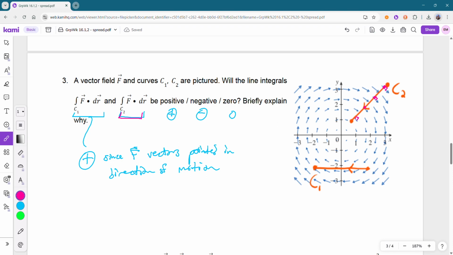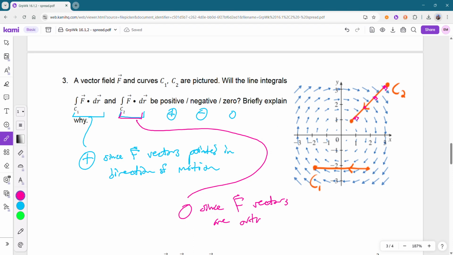We're just going to be adding up 0 all the way through, because these are all orthogonal to our direction of motion. And so because we're just adding up 0 the whole way through, our second integral here is going to be 0, since our F vectors are orthogonal to our direction of motion.